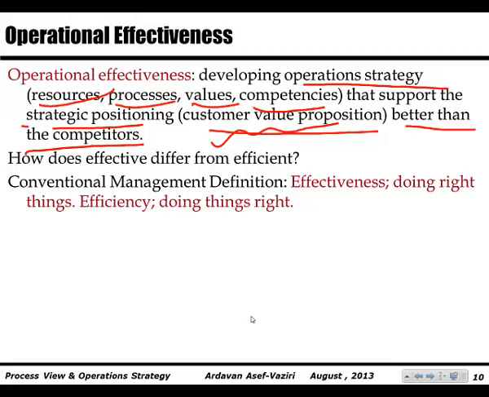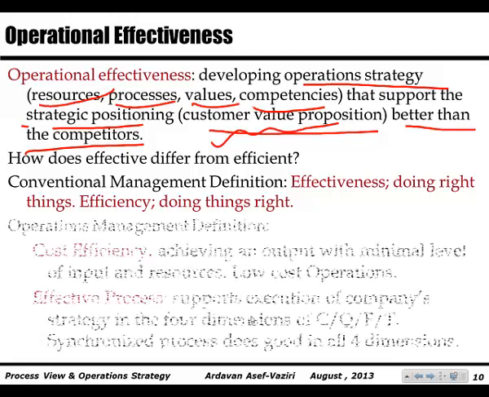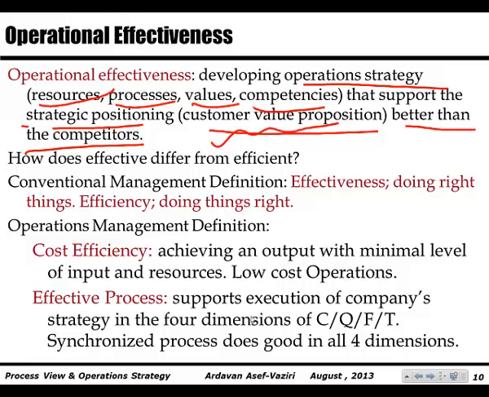In operations management, we define efficiency as cost efficiency. A process is efficient if we can achieve an output with a minimal level of inputs and resources. Low cost operations. But an effective process is a process which supports execution of the company's strategy in the four-dimensional space of competition.